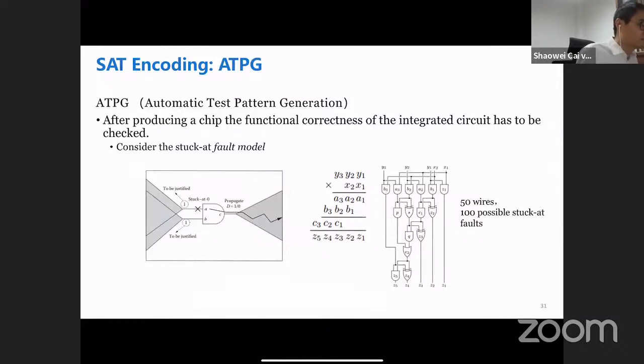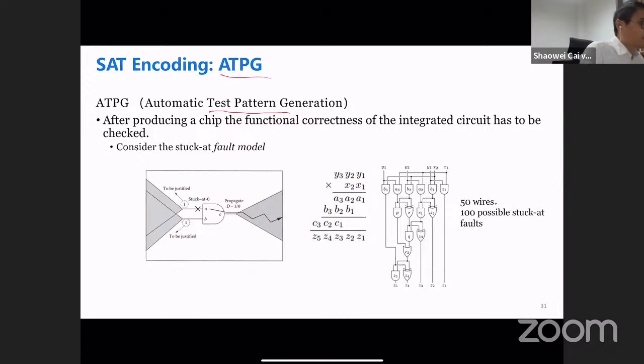Okay, and SAT solvers found many applications in EDA. Another example is ATPG, which produces test patterns to test the chip finally produced.